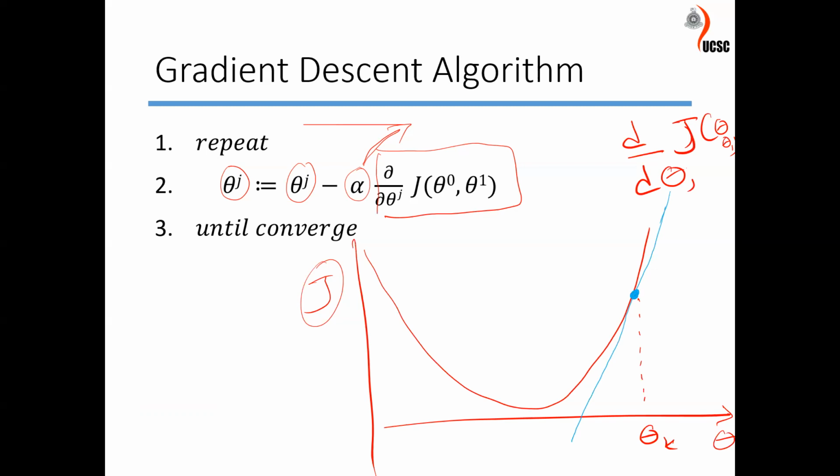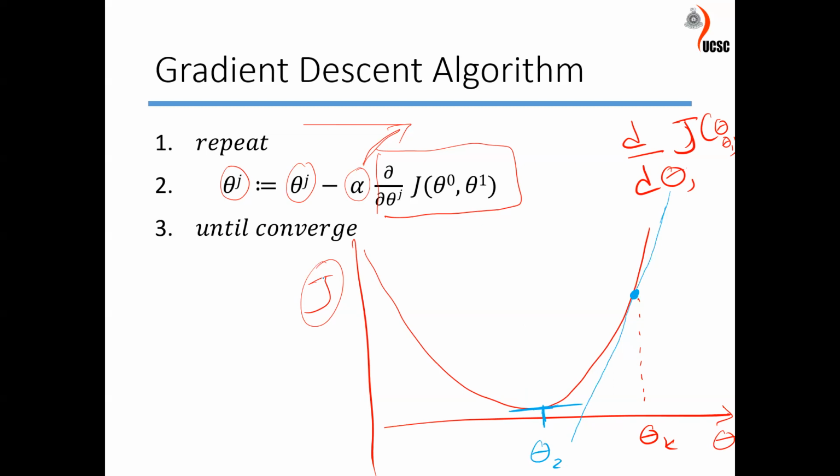Now we know the theta j value, and we're going to update this theta j value so that at the end of the day we come to this place. Suppose this is theta z or something. This is the place which gives the minimum cost or the minimum error.